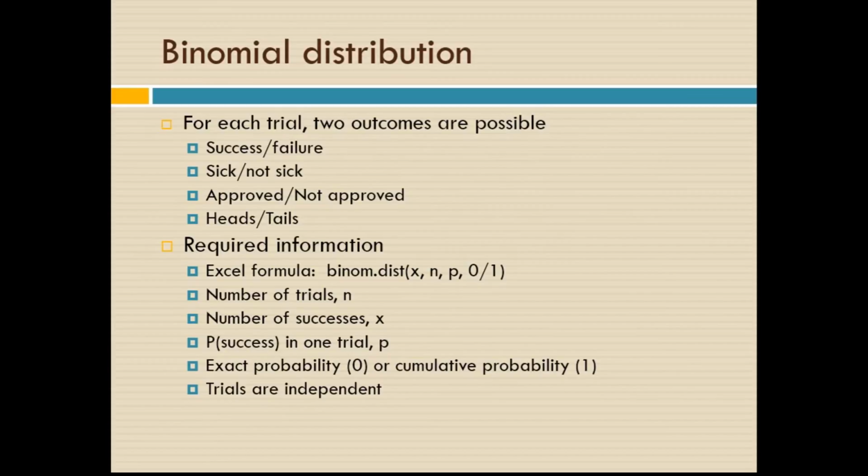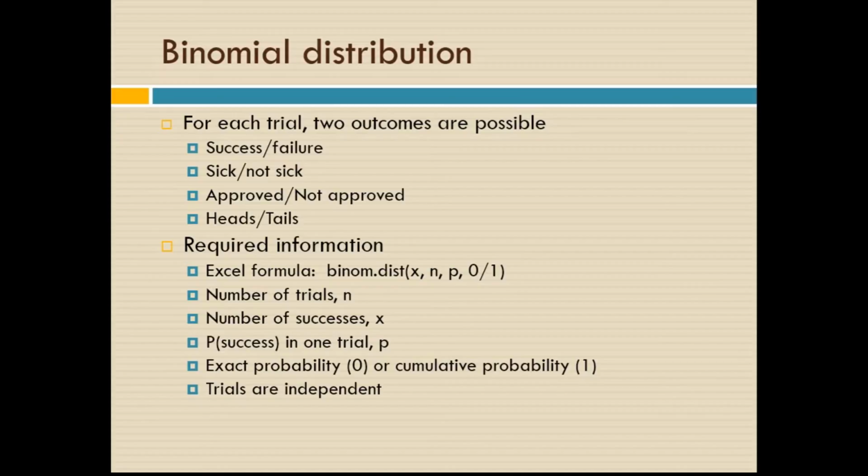Think about on and off, success or failure. Getting cancer or not, being approved for a loan, defaulting on a loan. All of these are binomial experiments because there's two outcomes, and we can use the binomial distribution to calculate these probabilities.